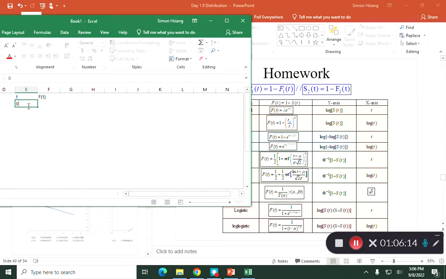T is from 0 and increasing by 0.5, no problem. FT with lambda equal to whatever value you want to give me. Lambda equal to 2, so 2 times exponential of negative 2 times t.